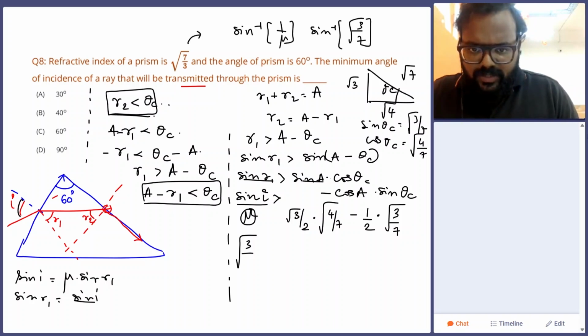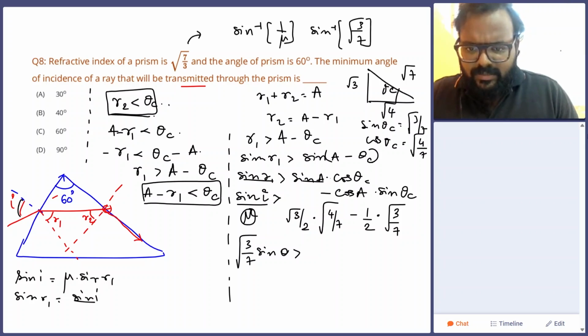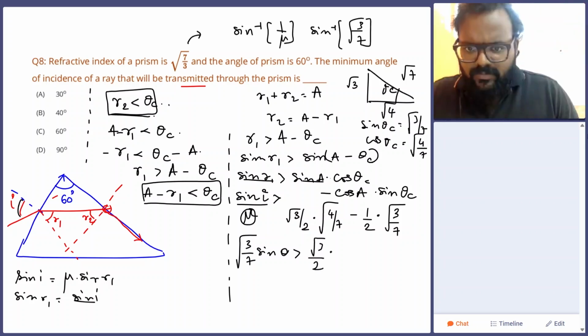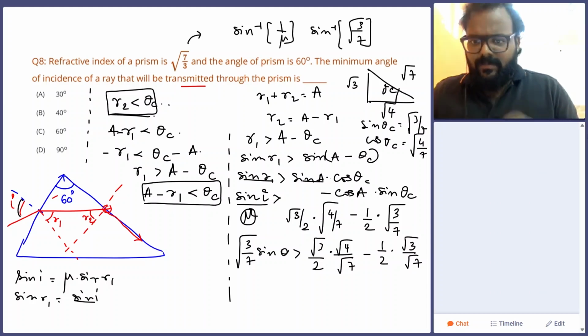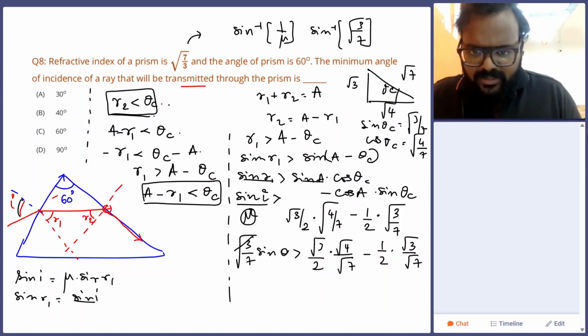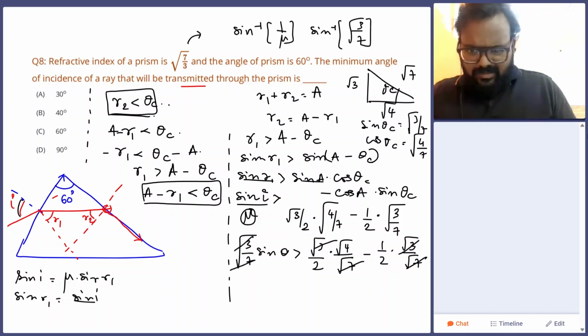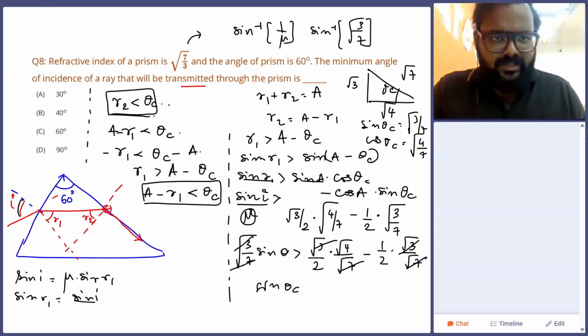So root 3 over root 7 sine I, write it clearly, must be greater than root 3 by 2 times root 4 by root 7 minus half root 3 by root 7. Now listen carefully. Root 3 is gone here, here, and here, and root 7 is gone here, here, and here. Now write it carefully. It will become sine theta C. No, it's not theta, it's actually I. Sorry.